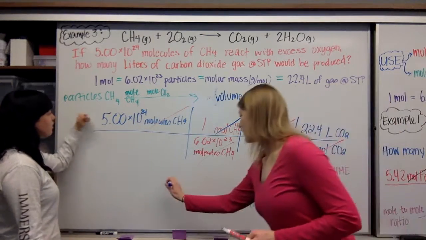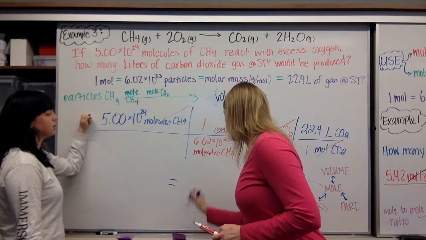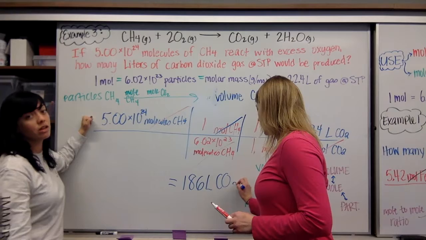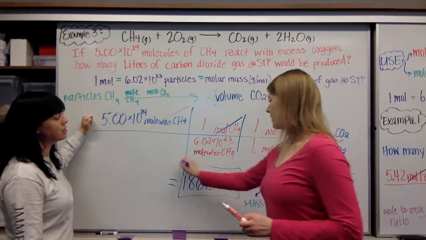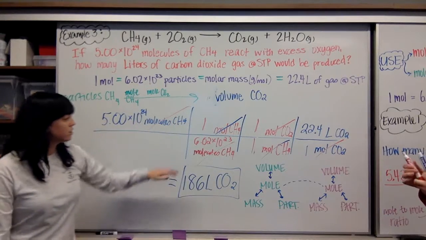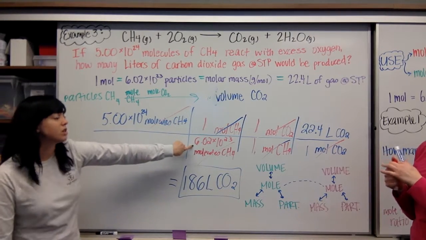Multiply across the top, 5.00 times 10 to the 24th. Remember to use your EE button. I would really try this in your calculator right now because we still need practice. Times 22.4 equals, divided by 6.02 times 10 to the 23rd.